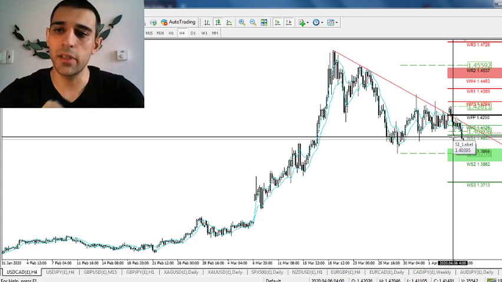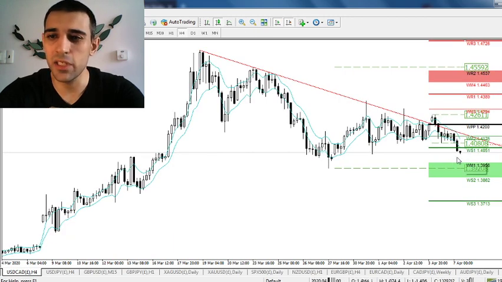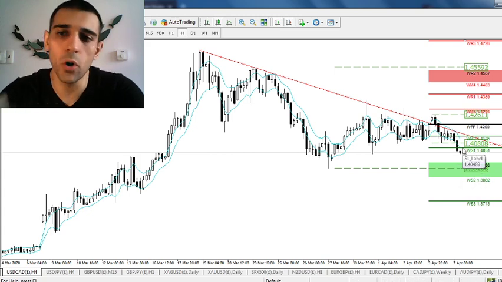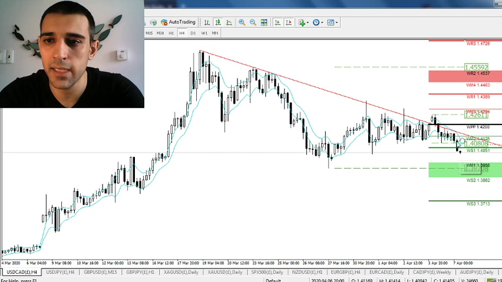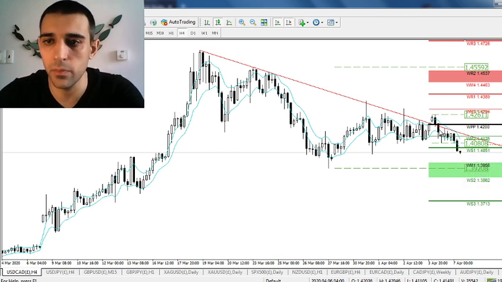If it does not do it, and this candle closes, let's say like this, then I would be more cautious, because I don't want to see a candle like this, or a doji is not going to be good as well. So I want to see a decent move candle, like this type of candle, but on the long side, on the bullish side.